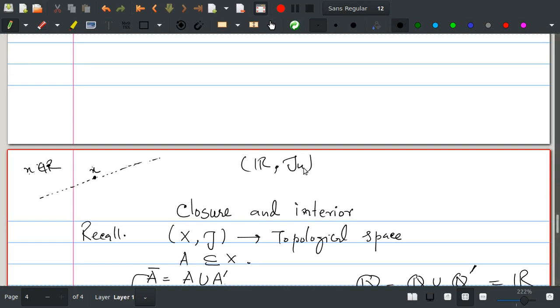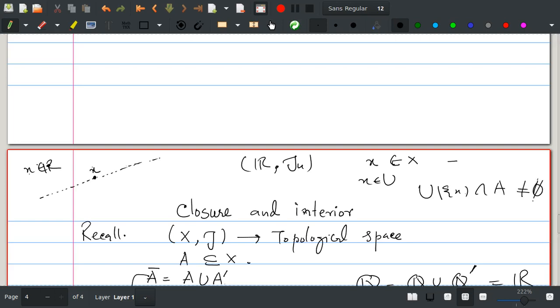The basis of R with respect to this topology is the set of all open intervals. So recall that we call x in X a limit point of A if for any open set U which contains x, U minus this point must have a non-empty intersection with A.